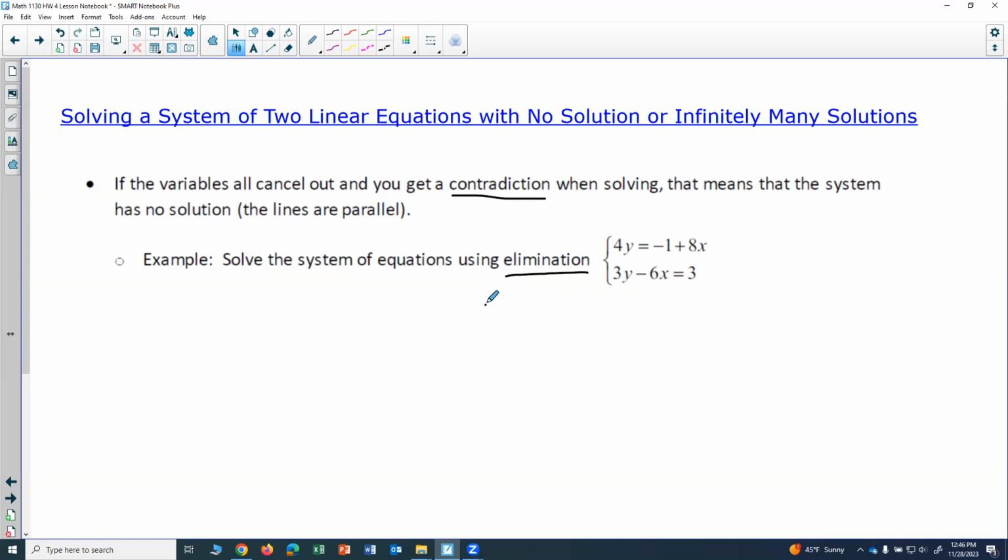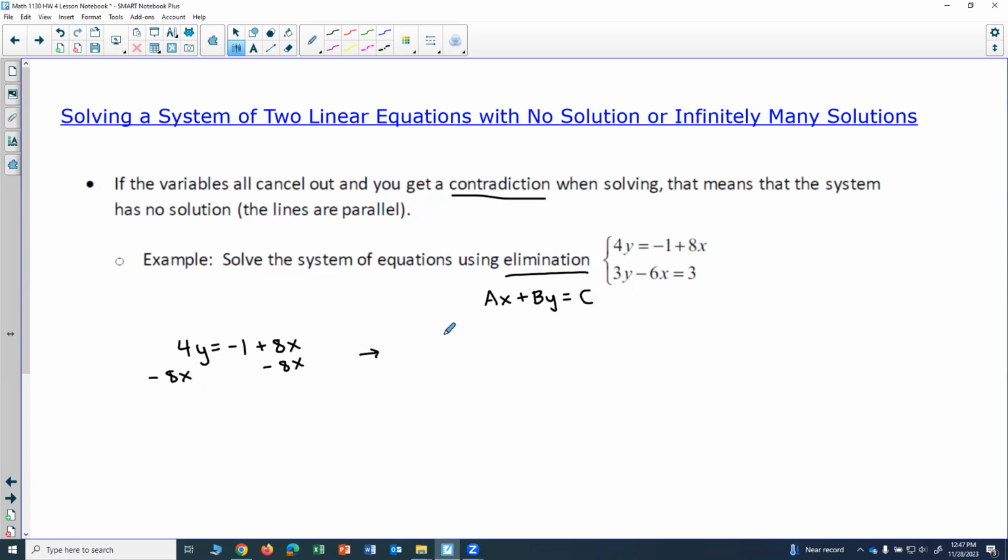With elimination, I want to get both equations in the form ax plus by equals c. So I'm going to go ahead and do that for the first equation. I have 4y equals -1 plus 8x. And I'll go ahead and subtract 8x from both sides.